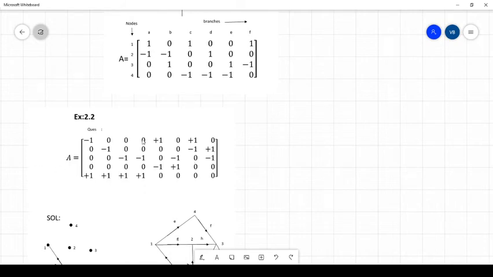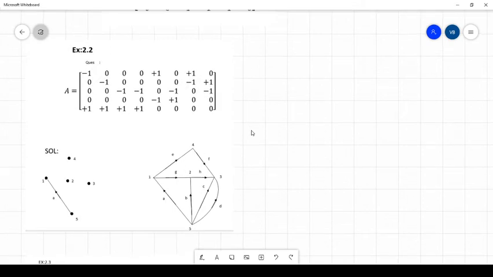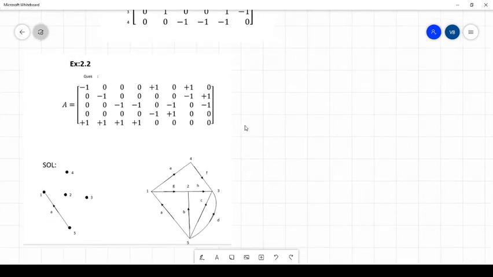Here is an example for this. In the question, he has given the matrix. So how can we draw the graph for that particular incidence matrix?